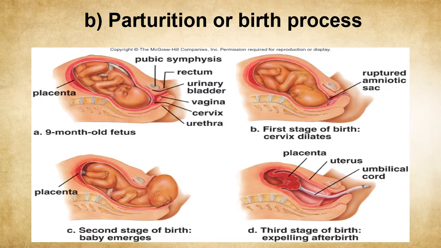These are the stages of birth. In the first stage, the cervix dilates. In the second stage, the baby emerges, or expulsion or baby delivery. And lastly, the third stage of birth, expelling the afterbirth or placental delivery.